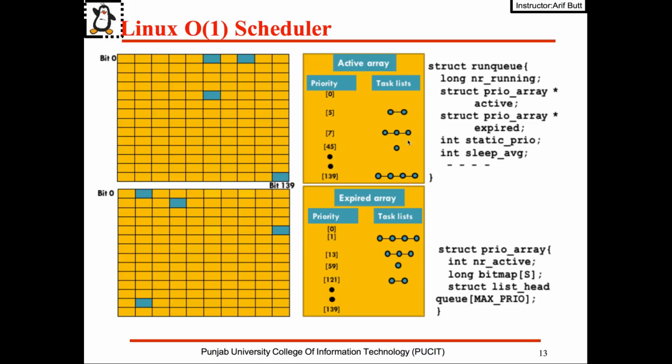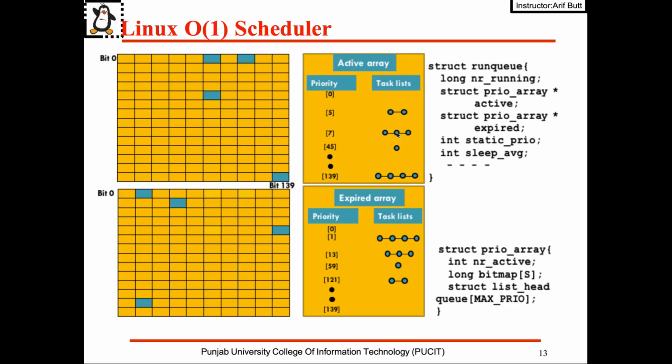For example, consider a process in queue number 7 in the active array. After this process has consumed its time slice, its new DP, that is dynamic priority, is calculated and it is moved to that queue. Suppose its dynamic priority is raised and it becomes 1, so from here it moves to queue 1.